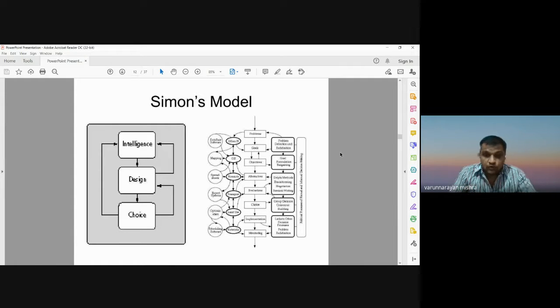After choosing the most appropriate option, you need to implement it, and after implementing your decision, you need to monitor the results. So the process is subdivided into steps: problem, goal, objective, alternative, evaluation, choice, implementation, and monitoring. This is Simon's model.